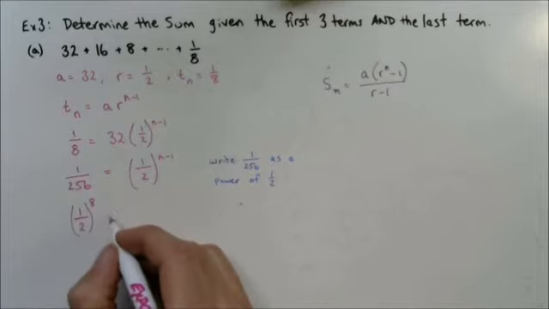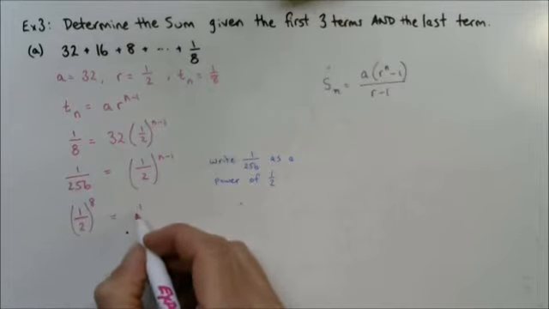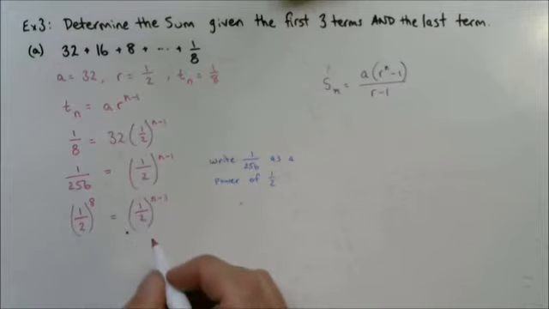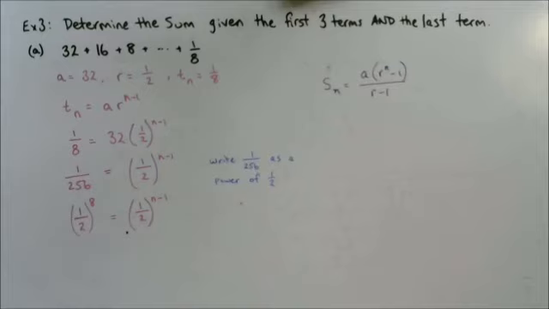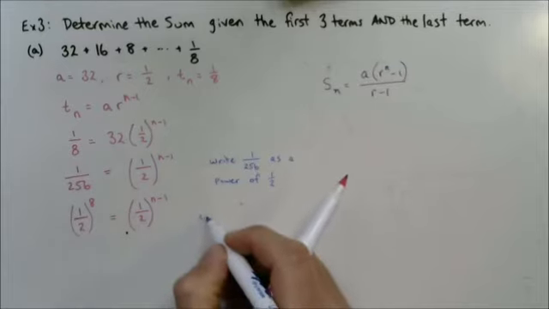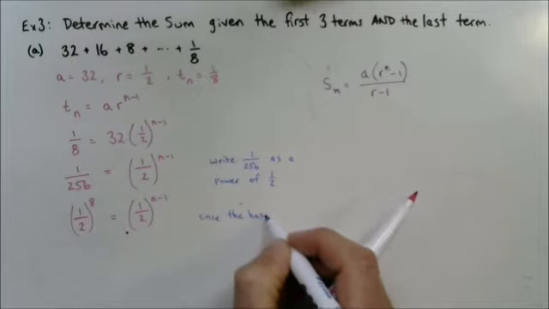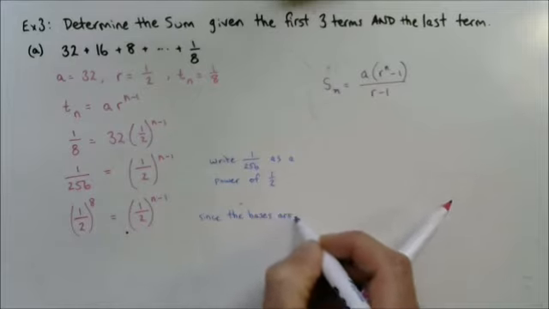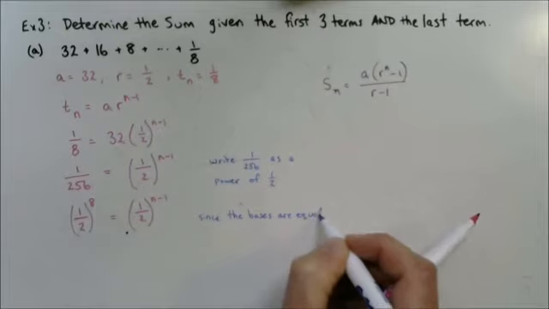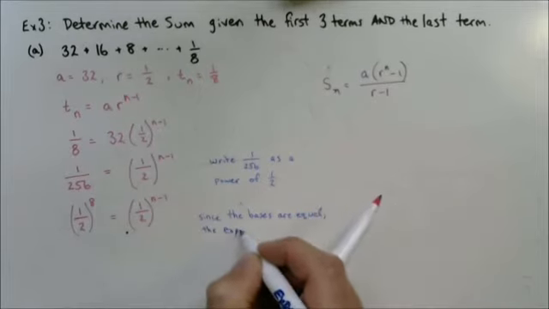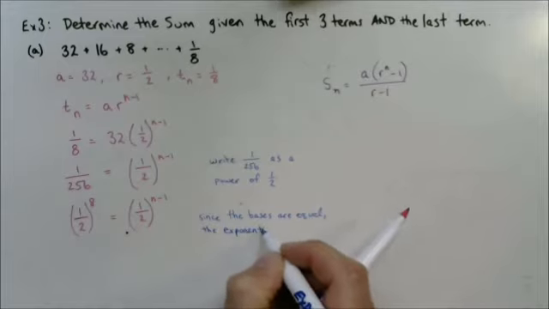And you can do that on your calculator. So 1/2 to the power of 8 is equal to 1/2 to the power of n minus 1. And then a little note, since the bases are equal, the exponents are equal.